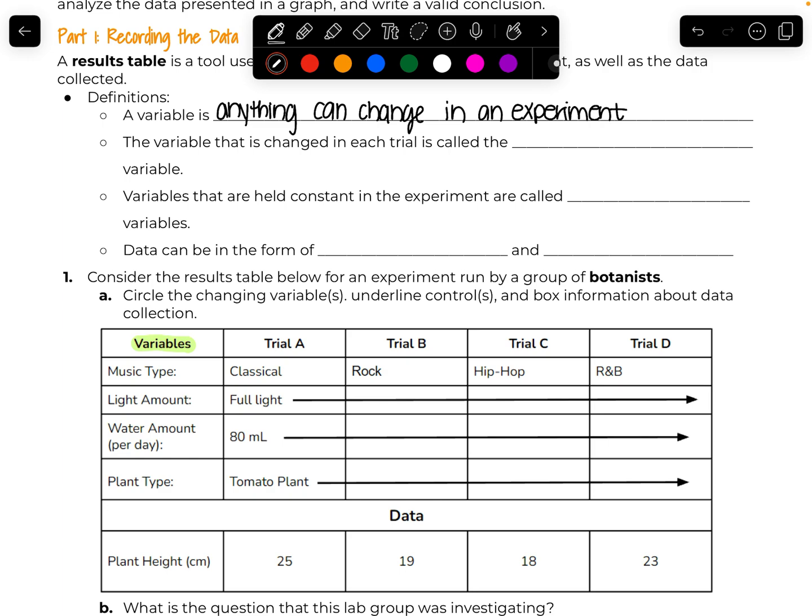It's just that if I were getting ready to plan an experiment and I had all of these things set out in front of me, anything I could potentially pick to change is what I would call a variable. But there are three types of important variables that we have in any experiment. Your variable that is changed intentionally by you, the experimenter, in each trial is called the independent variable.